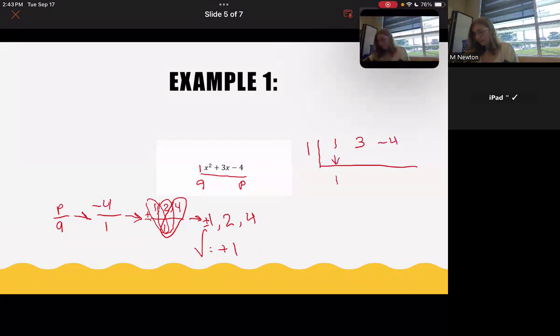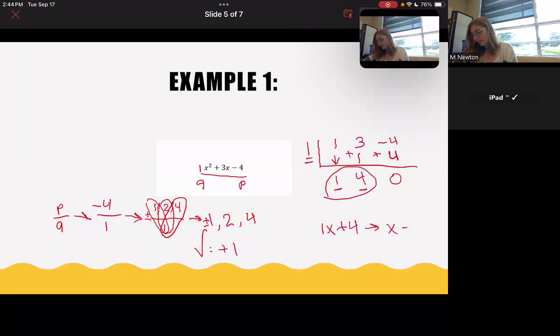This is just regular synthetic division. I bring down my first number, I multiply 1 by that number, and I get 1. Then I add, and I get 4. 1 times 4 is 4. Then I add, and I get 0. And then I'm going to rewrite this as 1x plus 4, or just x plus 4.